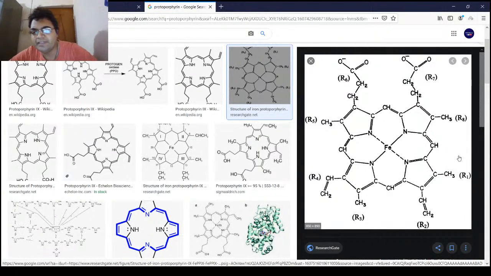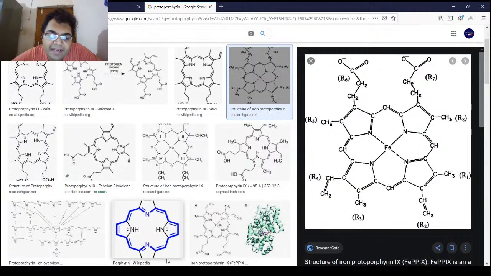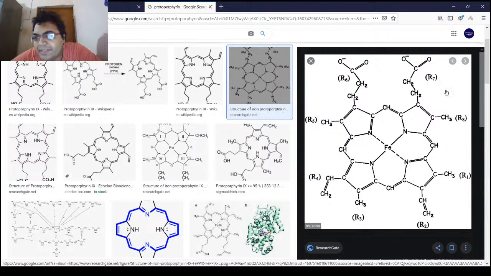If you look at this ring, this is a protoporphyrin ring, and like this you have a protoporphyrin ring in the case of cytochromes too. This one protoporphyrin ring is attached to one of the polypeptide chains of the hemoglobin molecule, because the hemoglobin molecule is composed of alpha 2 beta 2, the adult hemoglobin I'm talking about.